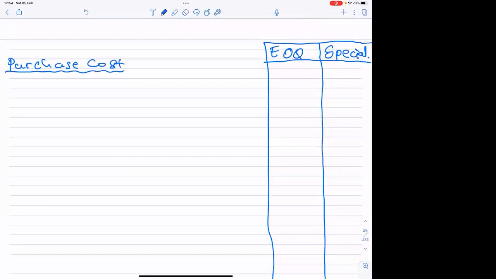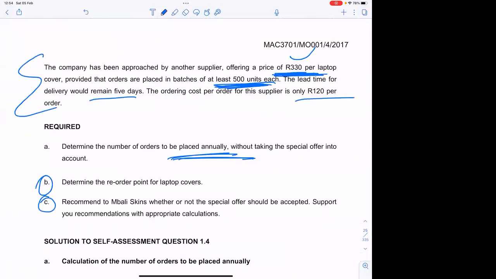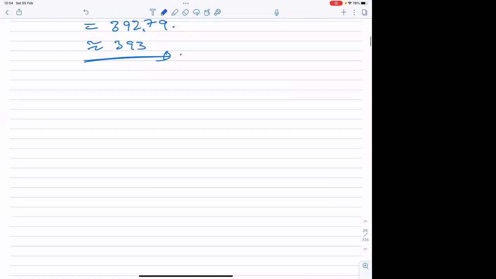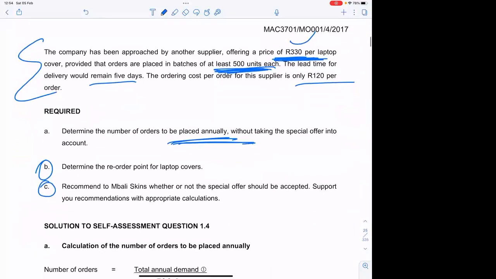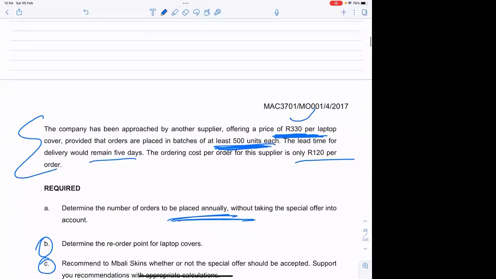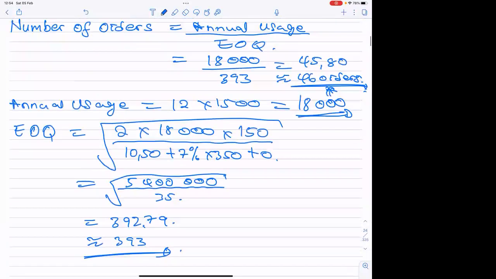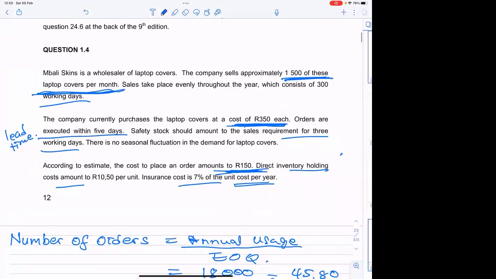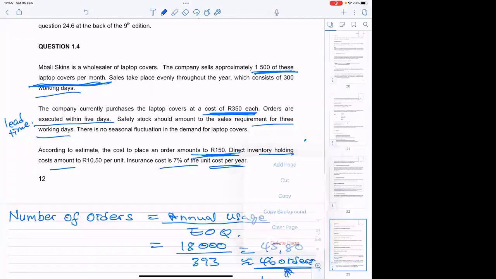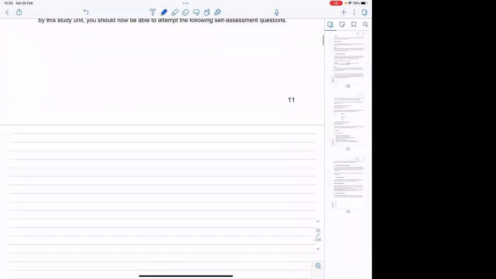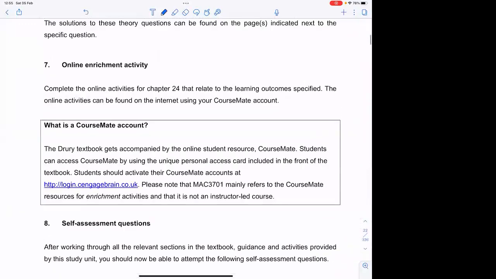Under the economic order quantity, our annual demand doesn't change. Our demand is still what? You said the demand is 18,000. Right, let me rather put my page here. Okay, the wrong page.